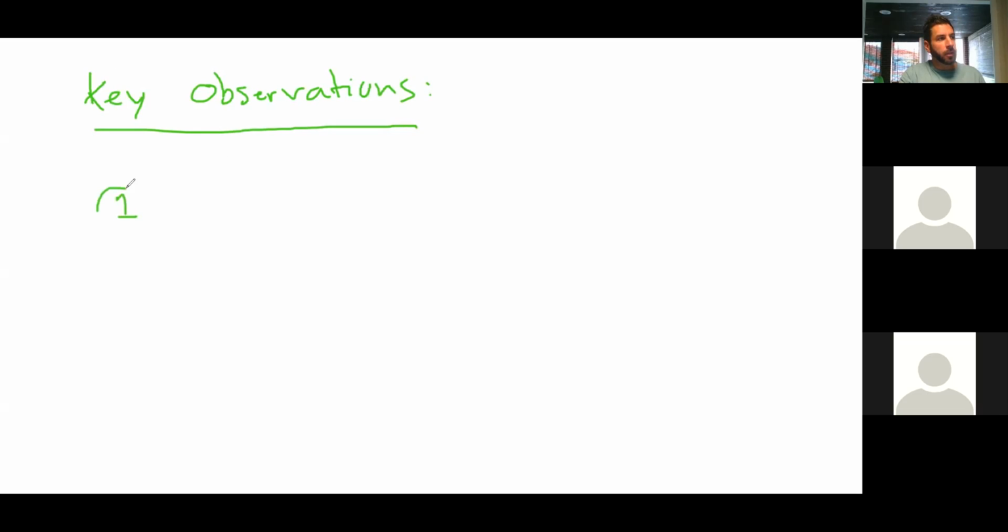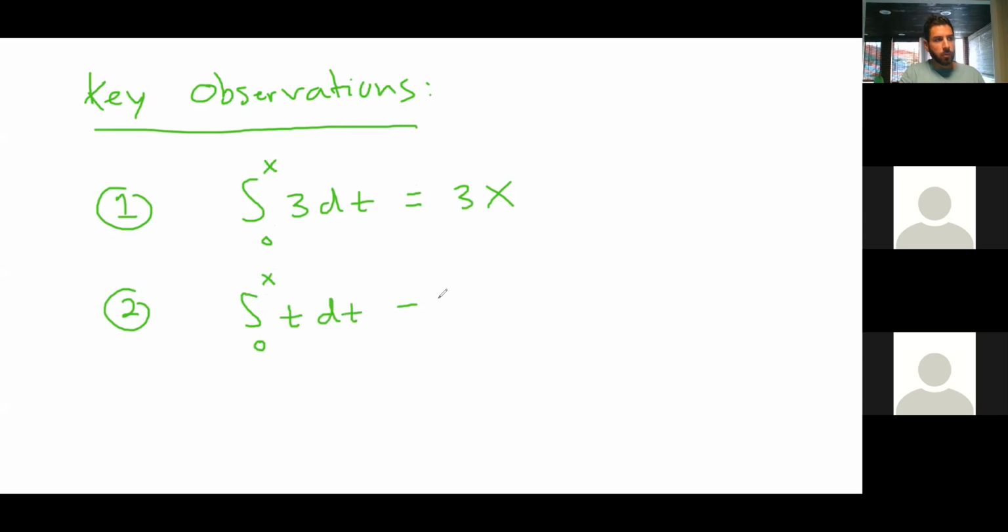In the first example, what we showed is the integral from 0 to x of 3 dt was equal to 3x. In the second one, we showed the integral from 0 to x of t dt was equal to what?